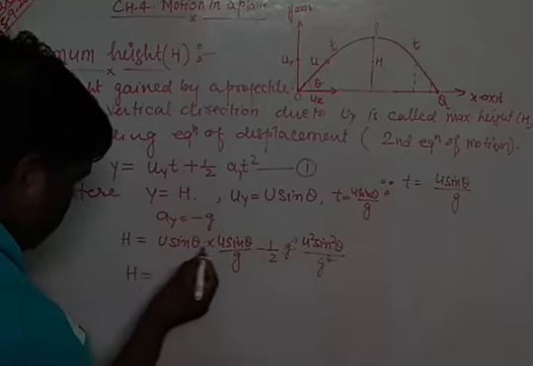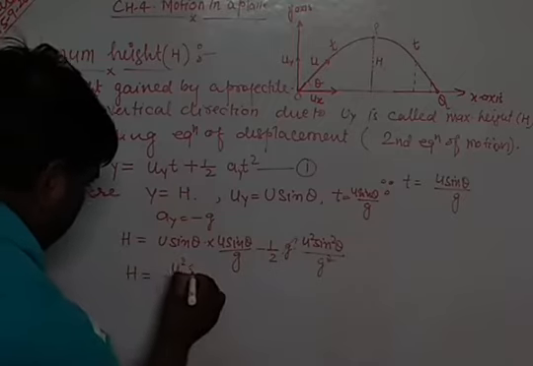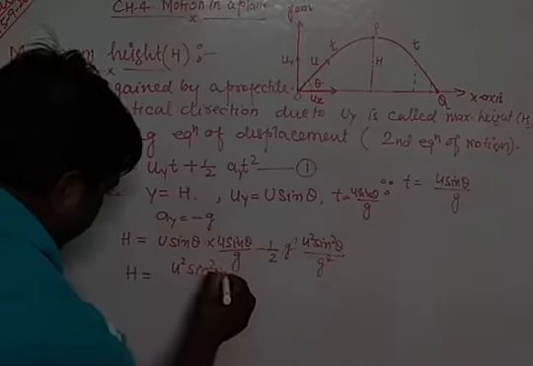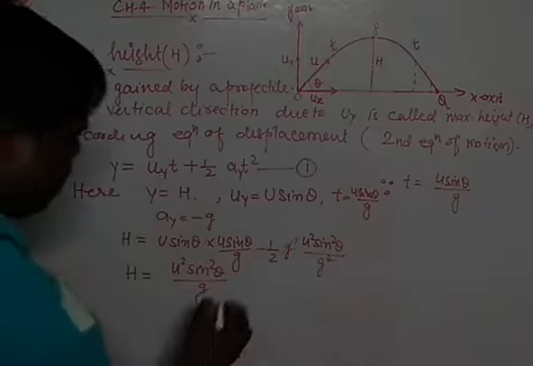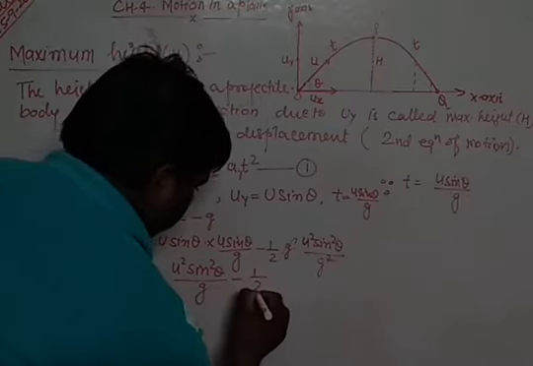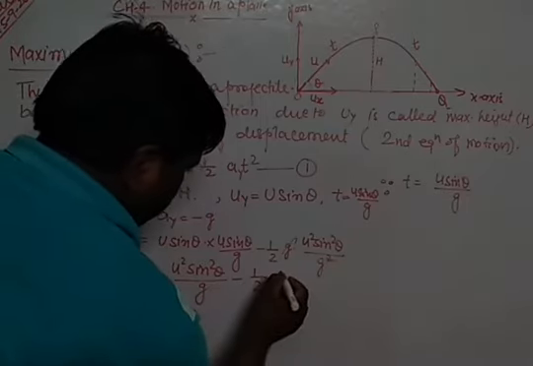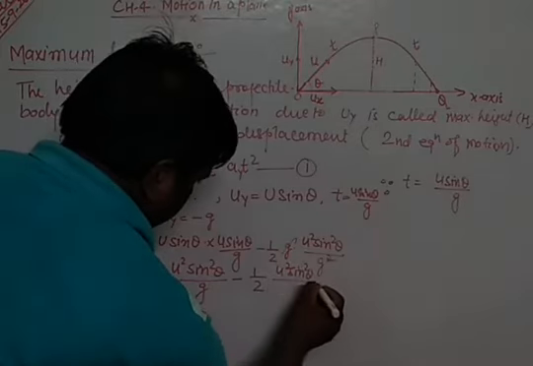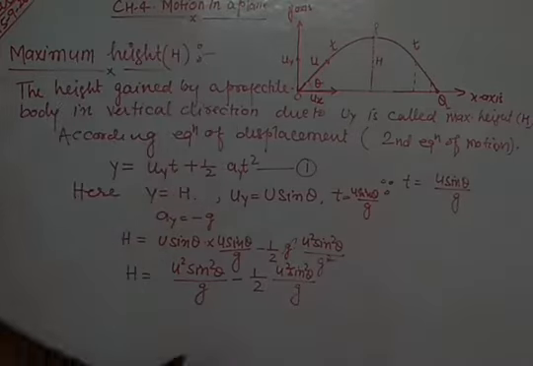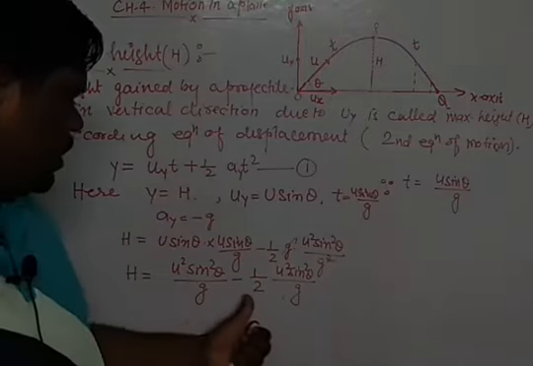h is equal to u into u. It becomes u square. Sin theta into sin theta becomes sin square theta, minus half of u square sin square theta upon g. So you have to take the LCM of g and 2g.